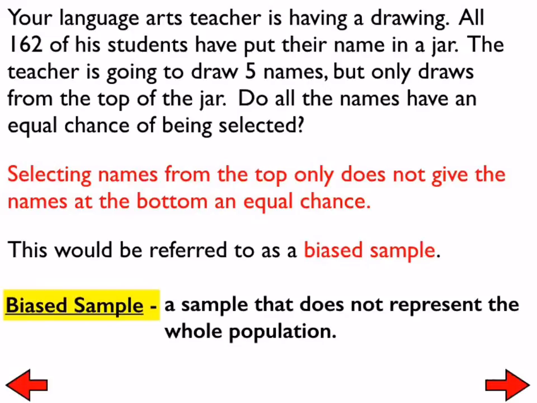And the official definition of a biased sample is a sample that does not represent the whole population. And if we go back to the definition of a random sample, it's a sample in which every person, object, or event in the population has an equal chance of being selected. That's not the case when you're just picking 5 names off the top of that jar.